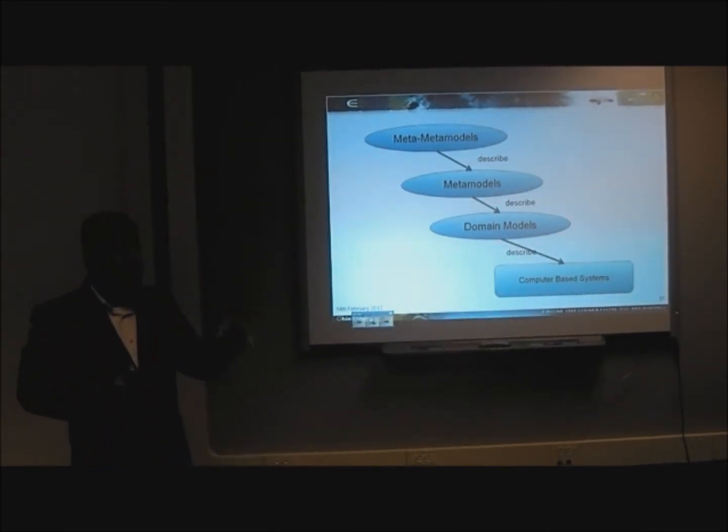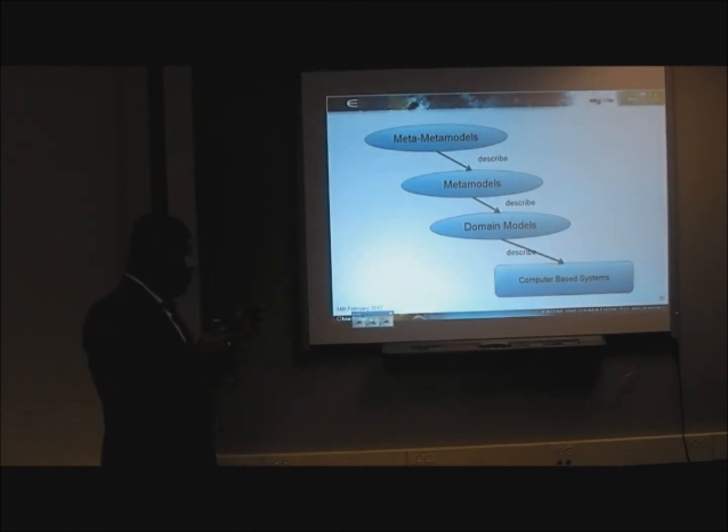There's another one called the meta model that describes the model. You could think of it as a schema of the model. Similarly, there's a meta meta model on top of it that describes the meta model. So you could think of an unending hierarchy here, but in software engineering you probably stop at around meta models. Why this modeling is important is that there are some tools that let you deal with meta models.